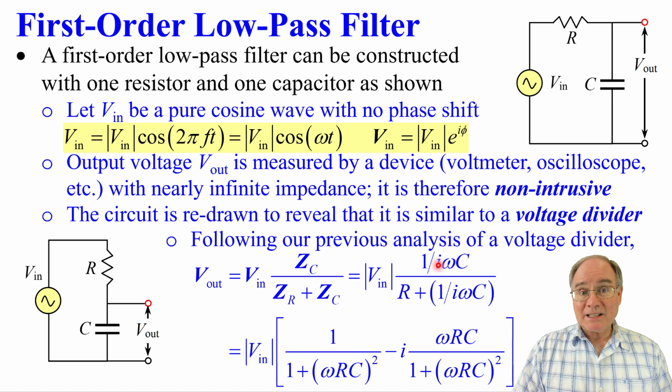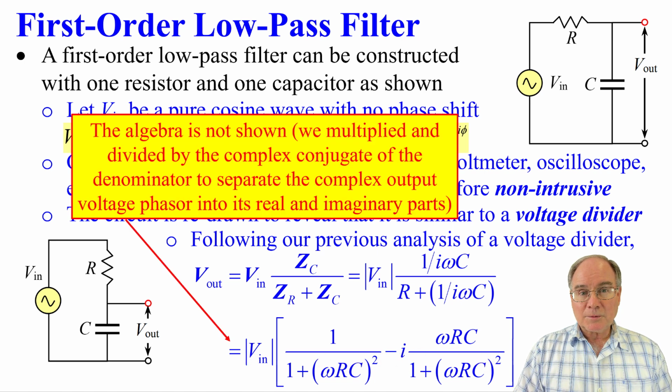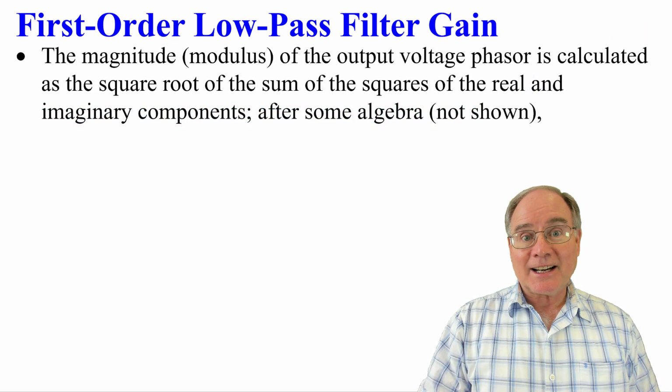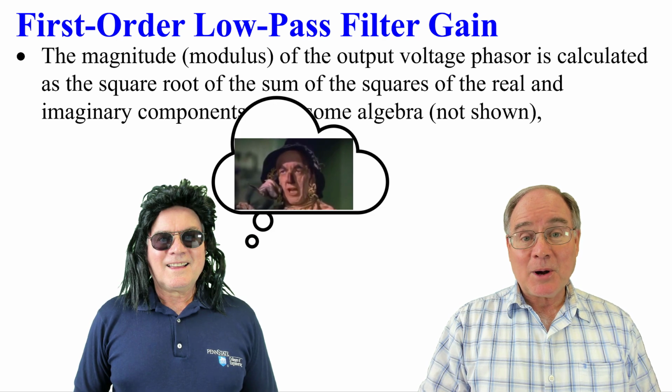We know the impedance for a capacitor and for a resistor, and we can reduce this to this equation. I don't show all the algebra. We did the standard trick with complex variables, where you multiply and divide by the complex conjugate of the denominator, so that you can separate the real and imaginary parts. The magnitude of the output voltage phasor is calculated as the square root of the sum of the squares of the real and imaginary components.